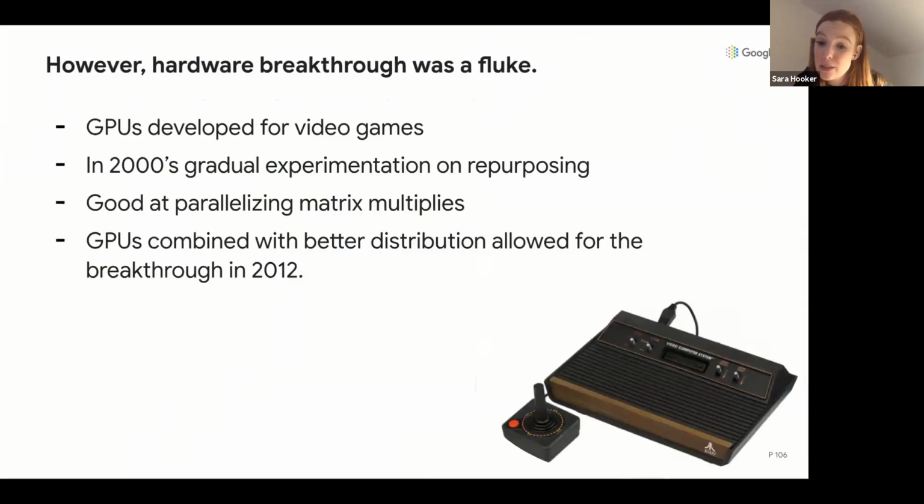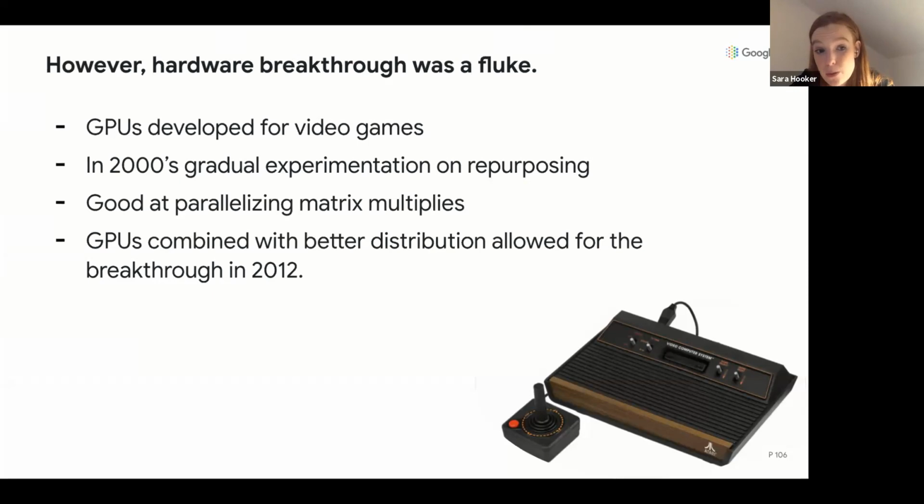However, what is really fascinating about this, and perhaps foreboding, is that it illustrates how much we depended on luck for this breakthrough: the hardware breakthrough itself was a fluke.